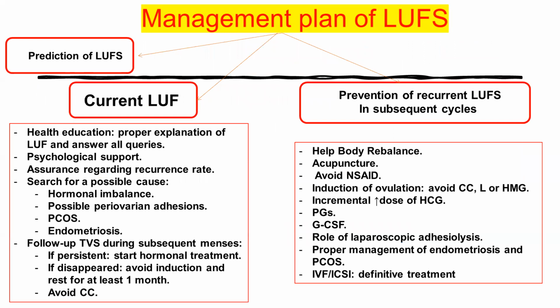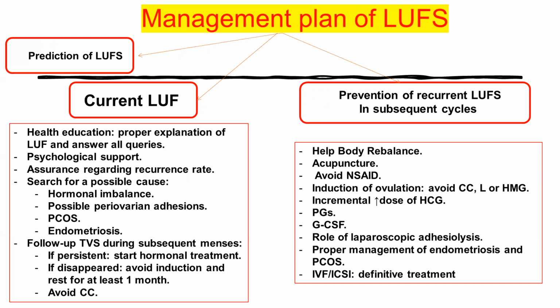How to manage? The management is first to predict LUFS in your practice. Not all cases are liable to have LUFS, but those at high risk, as I already mentioned, are those using clomiphene or non-steroidal anti-inflammatory drugs, PCOS, endometriosis, patients with a history of laparotomy with pelvic adhesions, and patients for IUI.